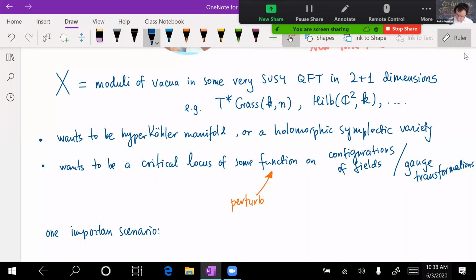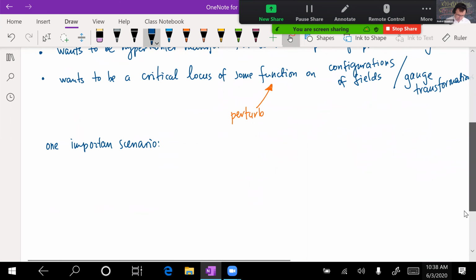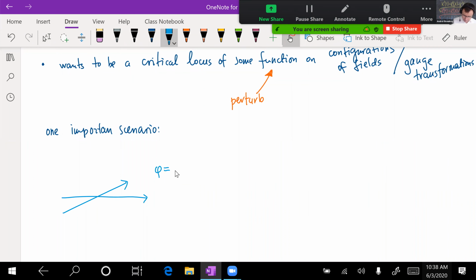It is the following. I remind you that if I have a complex field, I'll write it phi, it has a real part, call it x, and an imaginary part, call it y.